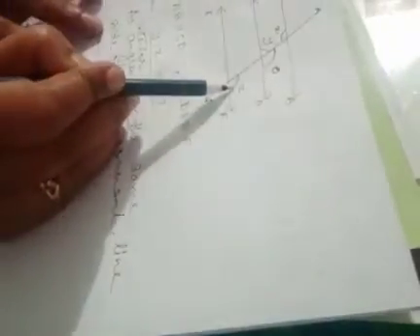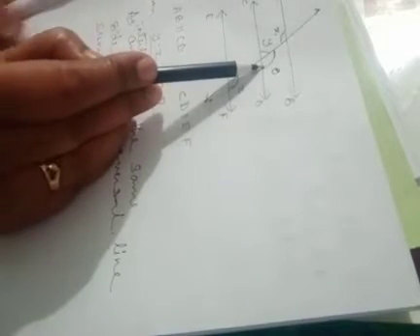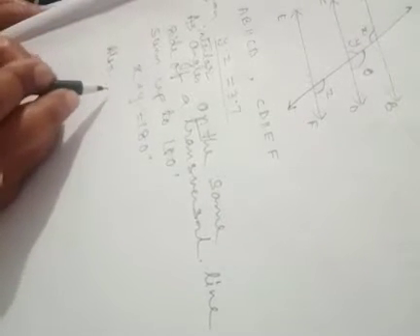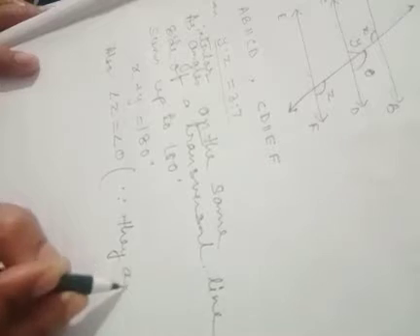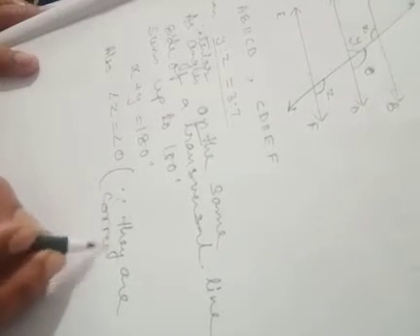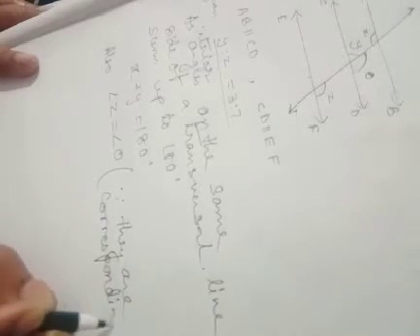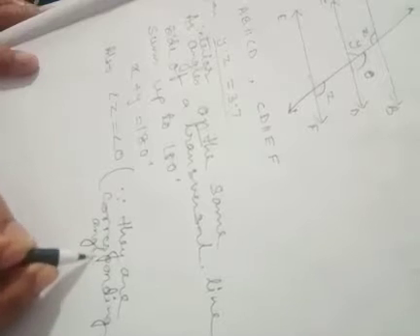Here angle Z is equal to angle O. Okay students. So write down. Also angle Z is equal to angle O because they are corresponding angles. Write down, they are corresponding angles.